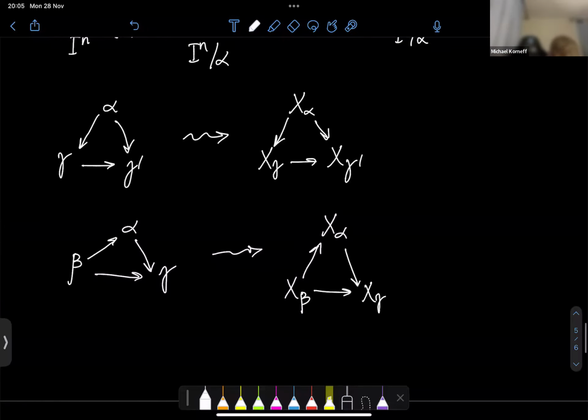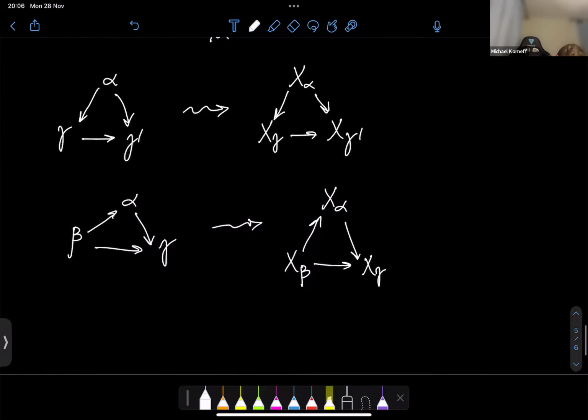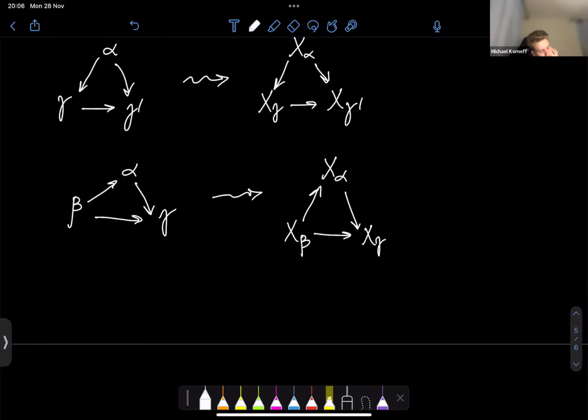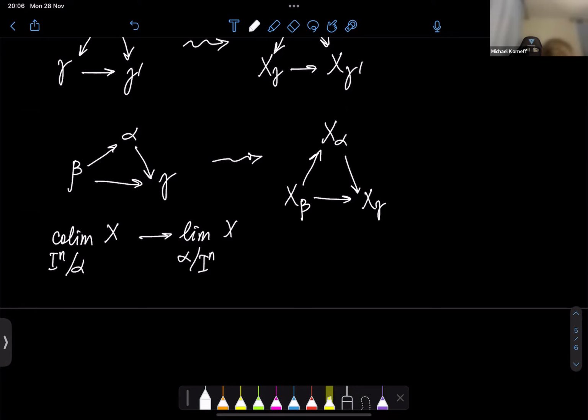And we can note that the problem is equivalent to the following problem. Suppose we have a map from the co-limit of a slice category to the limit of this slice category.